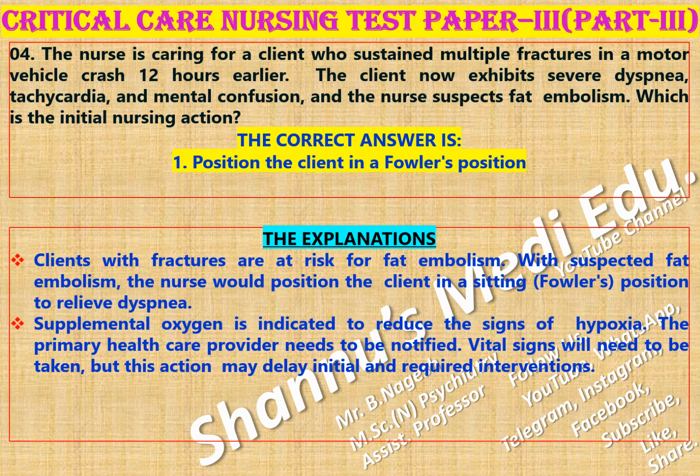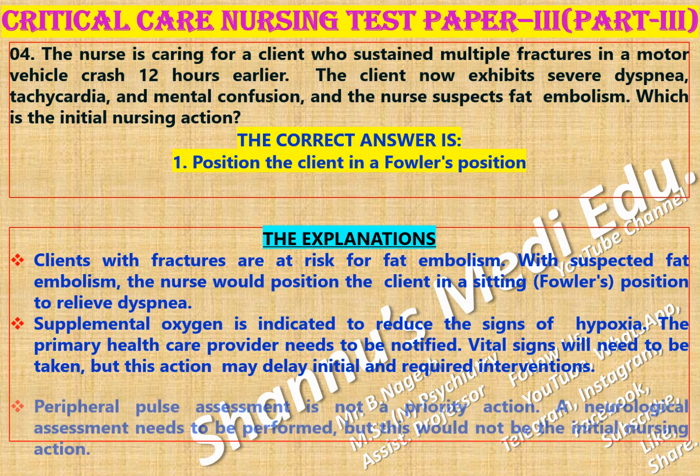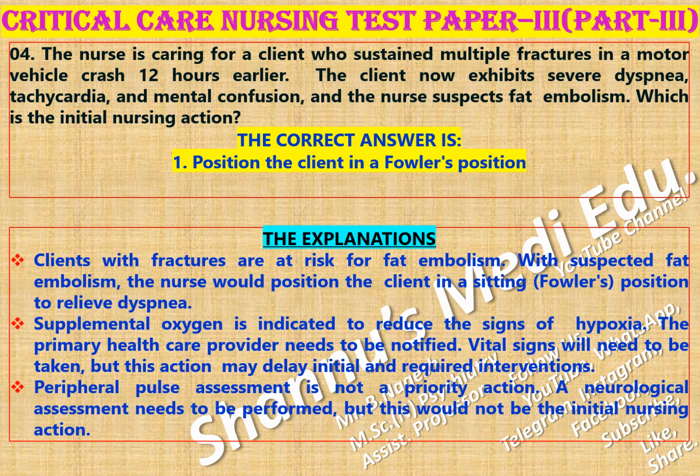The primary healthcare provider needs to be notified and vital signs will need to be taken, but these actions may be delayed. Peripheral pulse assessment is not a priority action. A neurological assessment needs to be performed, but this would not be the initial nursing action.